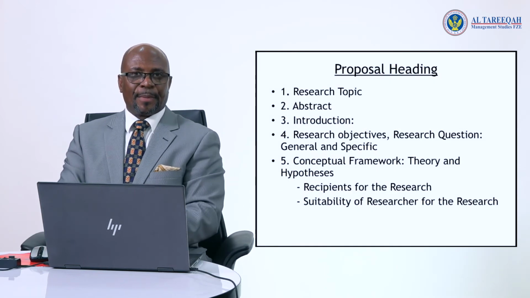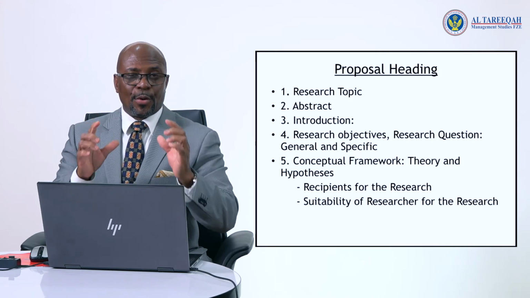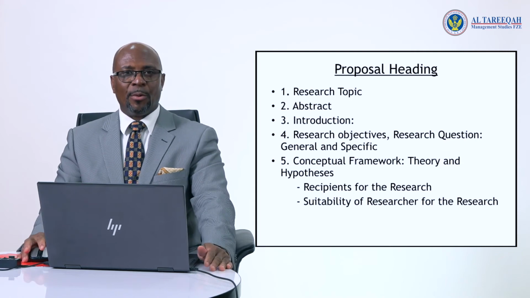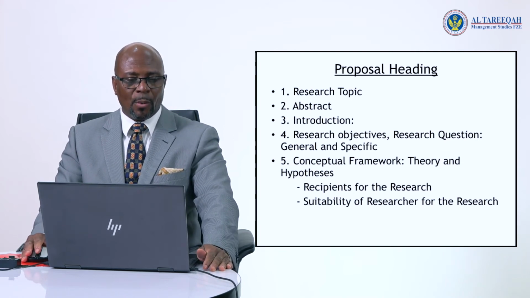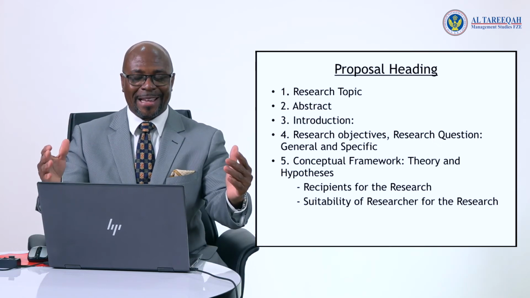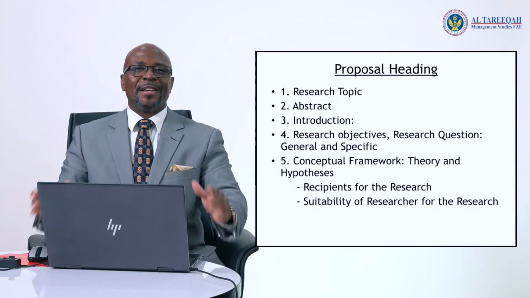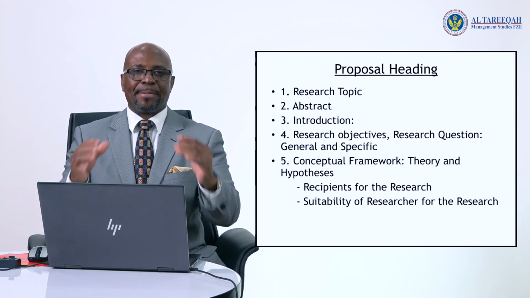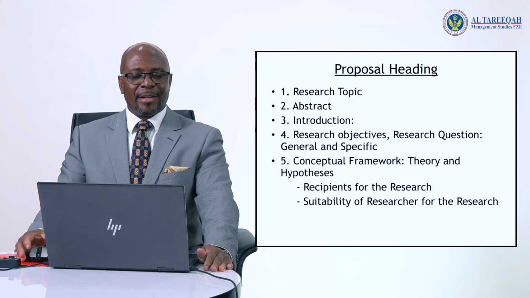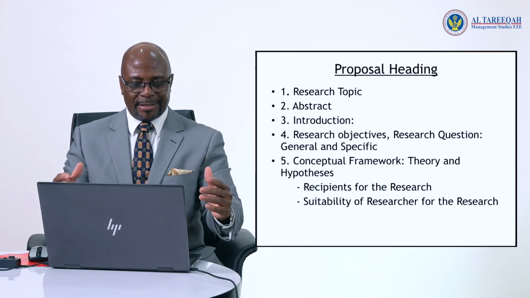Now, your research proposal should have the following headings. I will enumerate them one by one. Number one is research topic. Of course, you have to have a topic. Number two is you must have a brief abstract of the research. Number three, you have to write an introduction.